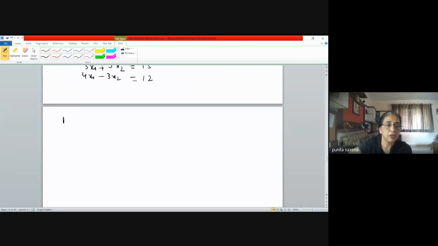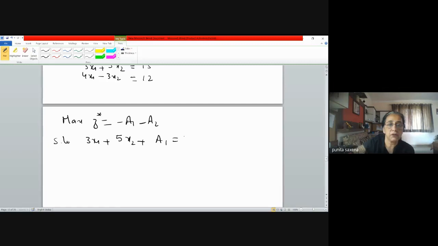That means you start with maximize Z star equal to minus A1 minus A2 subject to 3x1 plus 5x2 plus A1 equal to 15, 4x1 minus 3x2 plus A2 equal to 12, and of course with x1, x2, A1, A2 more than or equal to 0.